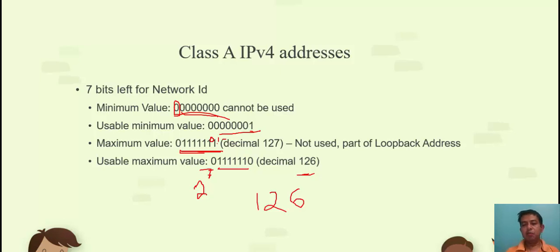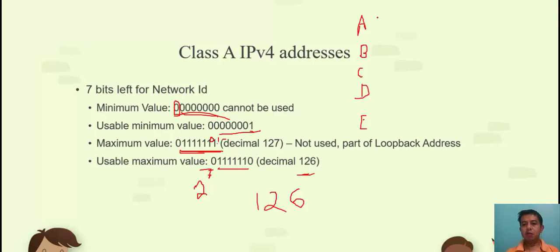The initial people assumed that there are a few large organizations in the world, so let them buy a class A address. Big organizations like Microsoft, Intel, IBM, Xerox at that time, or Oracle.